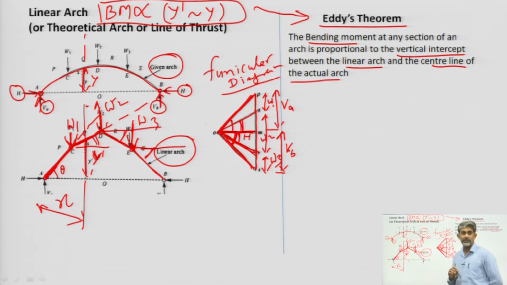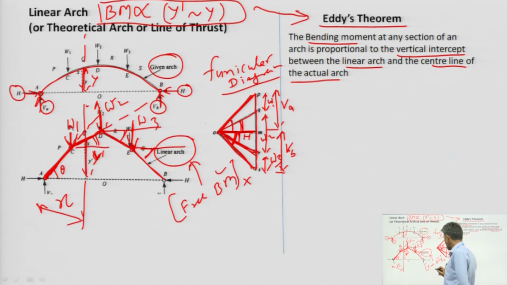We can prove it very easily, since that linear arch has been prepared by this funicular diagram. Therefore, the bending moment of that linear arch gives the free bending moment diagram at any section x, which means it gives the value of mu x.